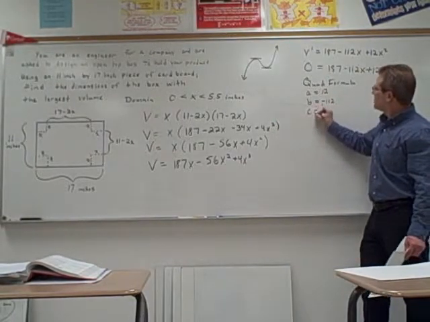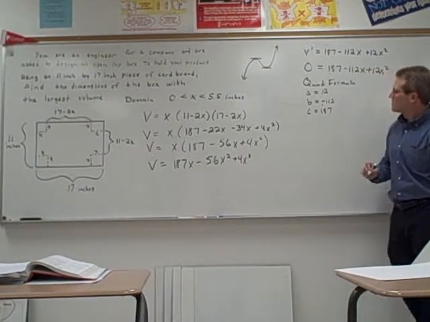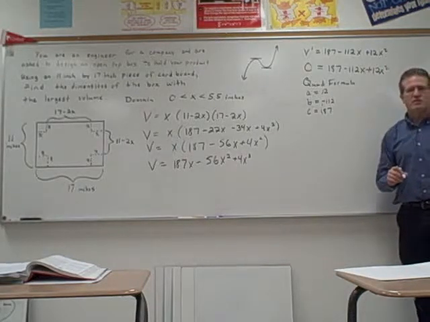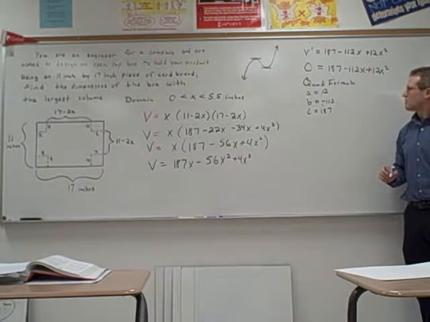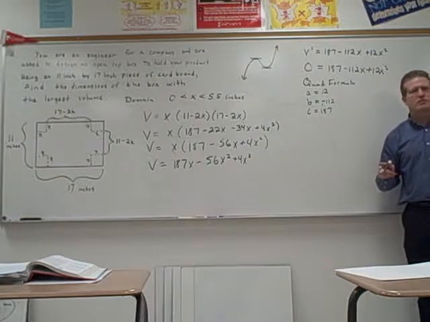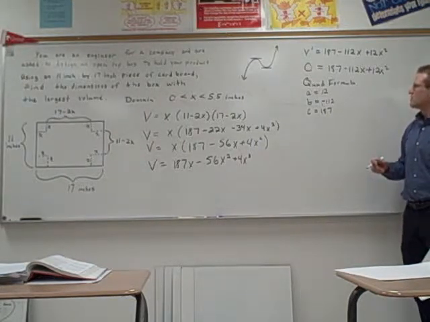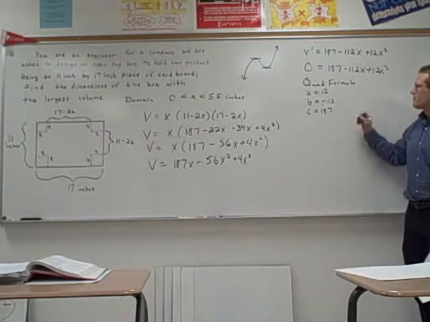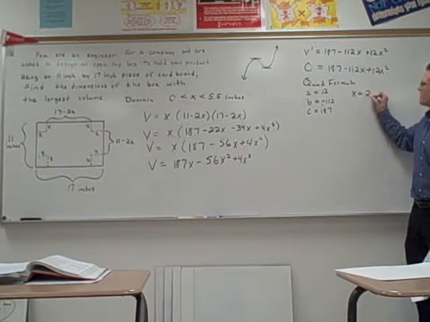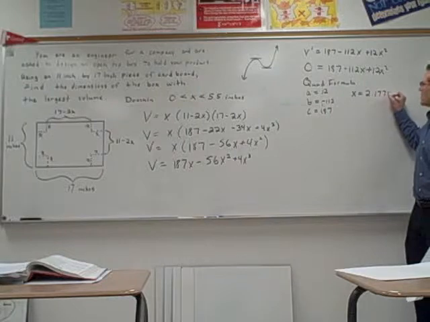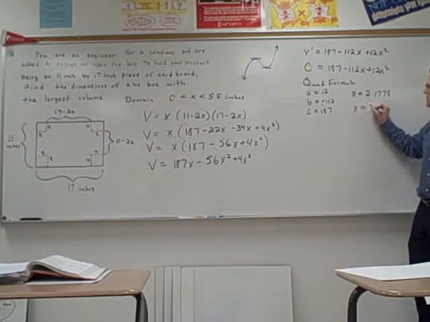My C value would be 187. Someone type that in for me. For the quad formula, you push program, then go to quad-equad, I think, on most of yours. It should give you 2 answers. 2.1778. Okay. And 7.1555.